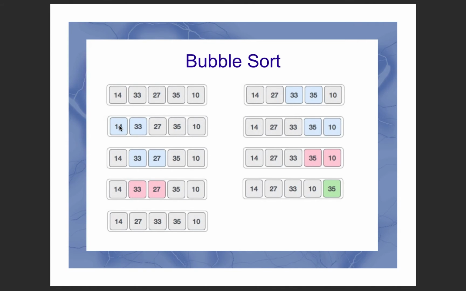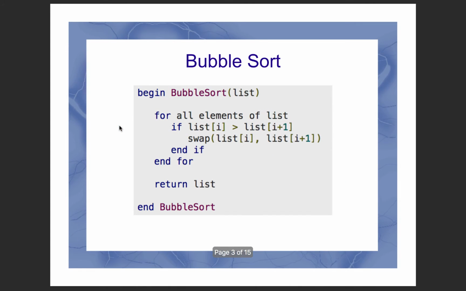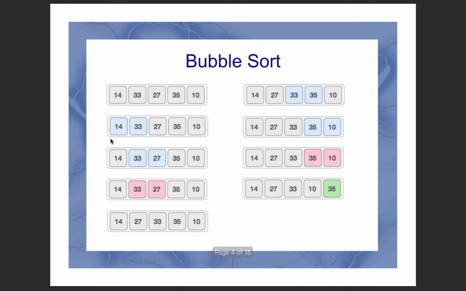What they need to do is swap. If adjacent data is not in order, then they swap the data. Since 14 and 33 are in order, it goes to the next adjacent elements.